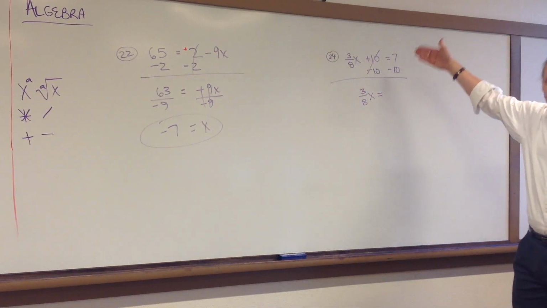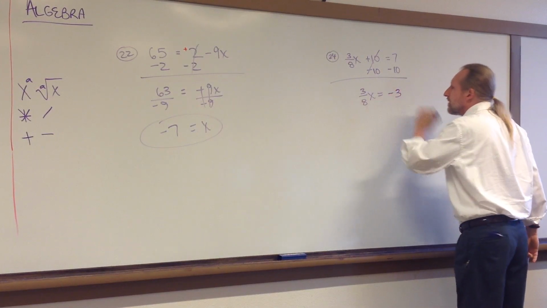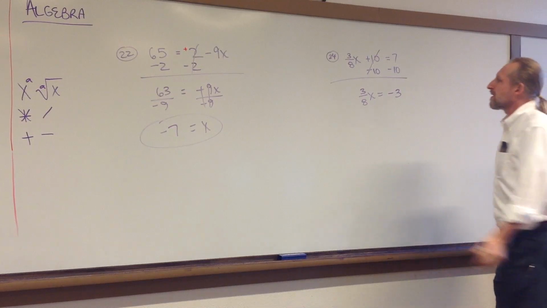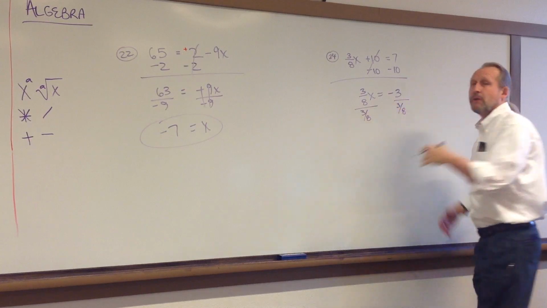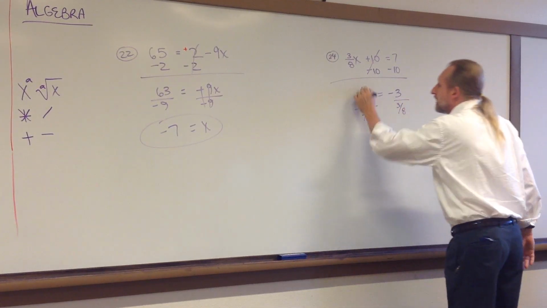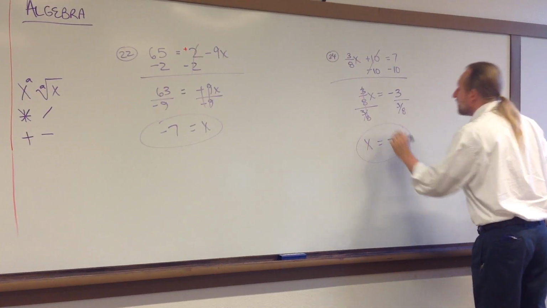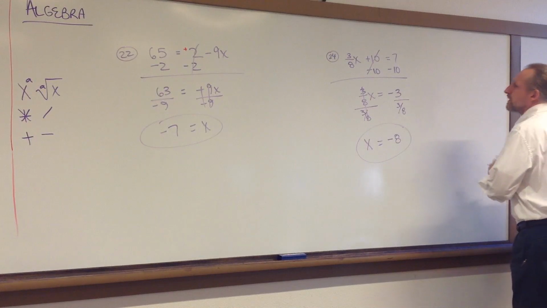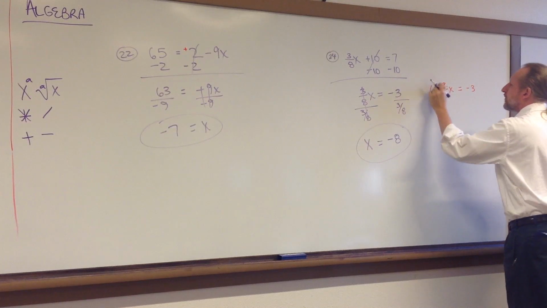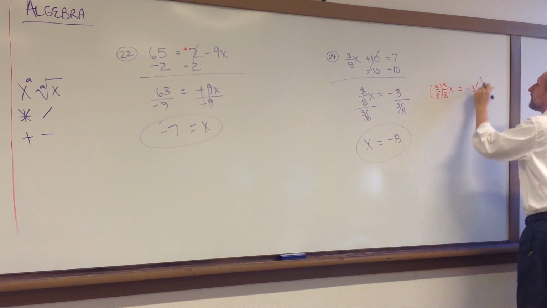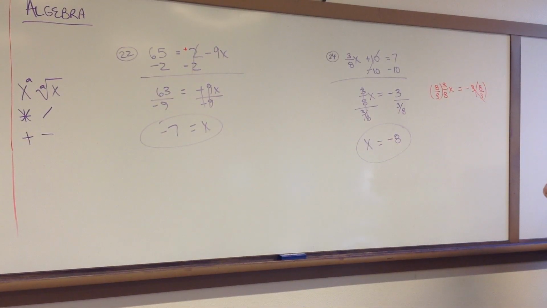Now over here, be careful when you're doing your subtractions. 7 minus 10, that will take you over into the negative numbers and give you negative 3. And then again, divide on both sides by 3/8, or multiply on both sides by 8/3. In either case, let's see, what do we come out with here? Looks like we should get negative 8. See, if you take 3/8 x and then multiply on both sides by 8/3, the 3's cancel out and we're just left with the negative 8.